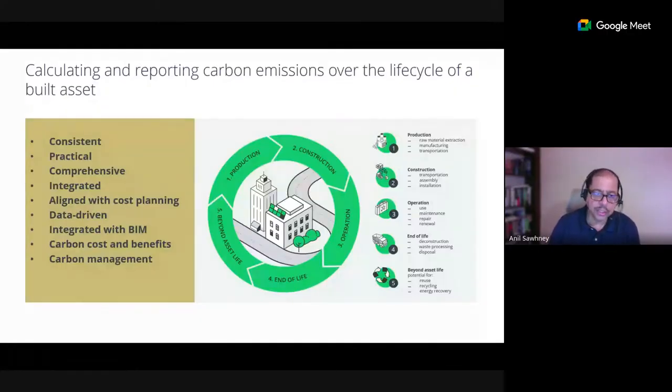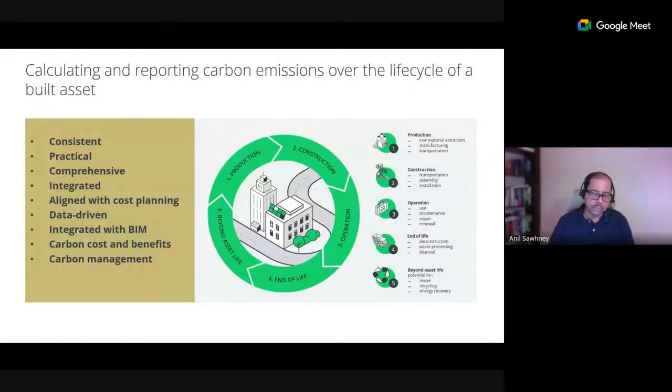It is a consistent, practical, comprehensive standard. It's integrated into existing workflows. So it's not like you are designing, you are engineering your building, and separately somewhere sitting over here, you're doing your carbon emission calculations. We have created an integrated workflow where it makes that connection.